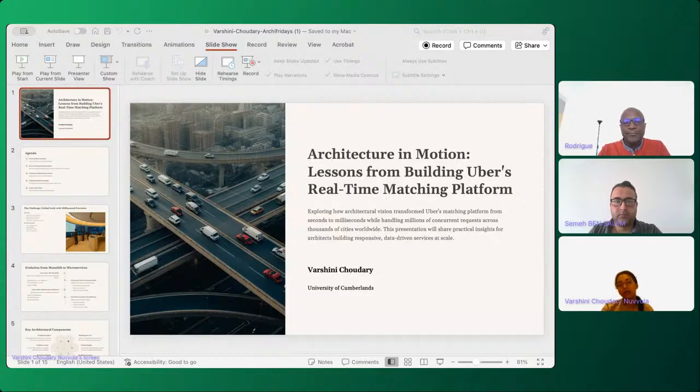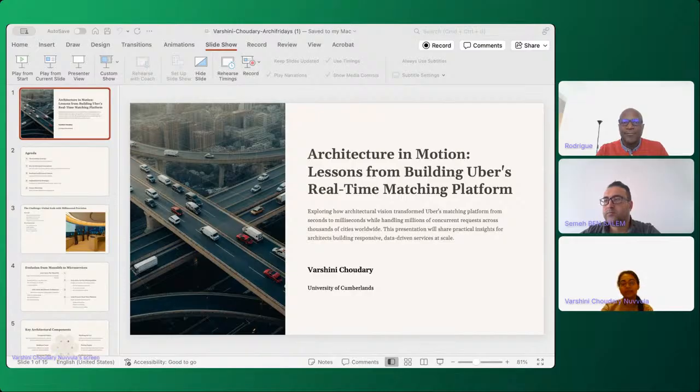Academically, I hold a master's degree in IT from the University of Cincinnati, and I'm currently pursuing my MBA at the University of the Cumberlands, specializing in project management. This combination of technical depth and business insight has really shaped how I approach architecture, not just from the engineering lens, but also from the value and impact perspective.